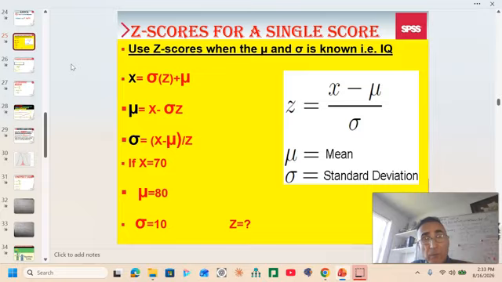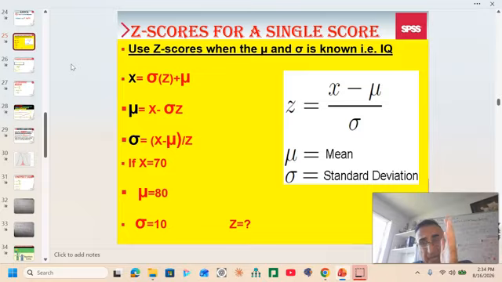We use z-scores when we work with standardized tests, such as IQ, such as ACT, all those college entrance examinations, some of the psychological tests. Wisconsin card sorting is a standardized test. What does that mean?